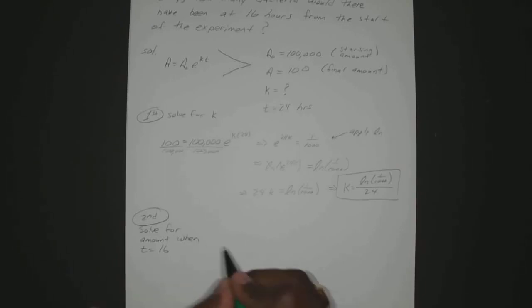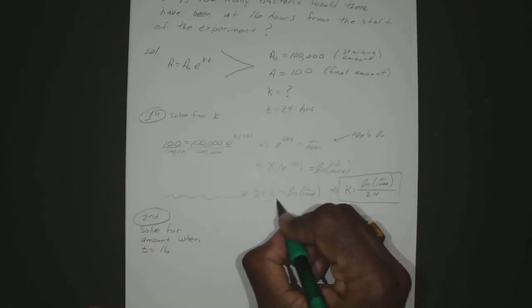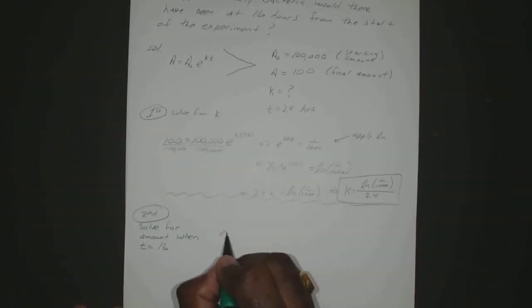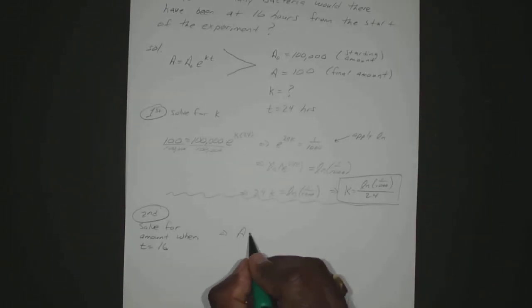We use the same formula, but our A is unknown because we only know what the new amount is at 24 hours. We never knew what it was at 16. So now we're solving for the new amount.